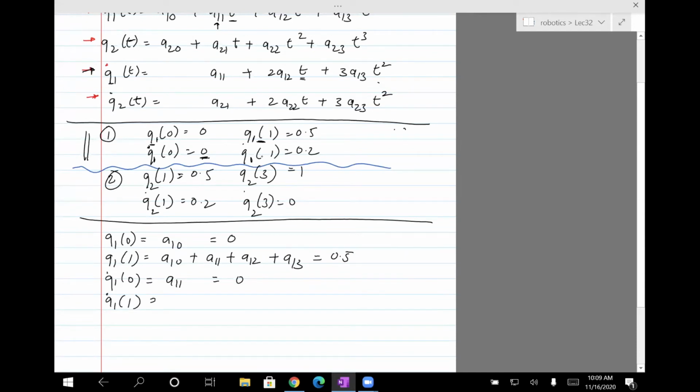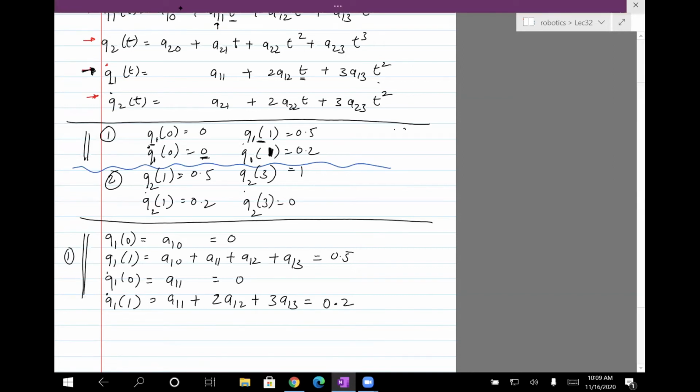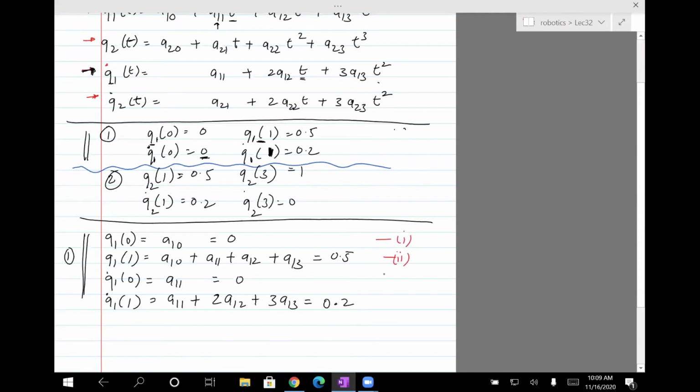I need to put t equals 1 in this expression, so I get a11 plus 2a12 plus 3a13 equals, no, it's 0.2. Okay, so those are my 4 equations from part 1. Let me write them as 1, 2, 3, and then 4.